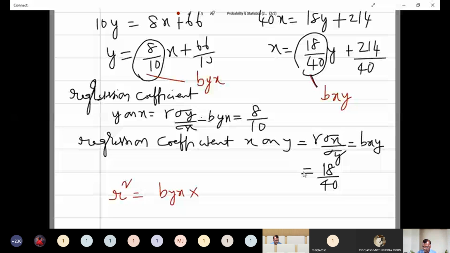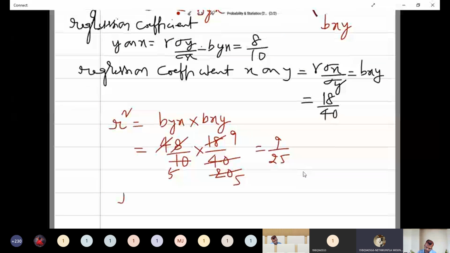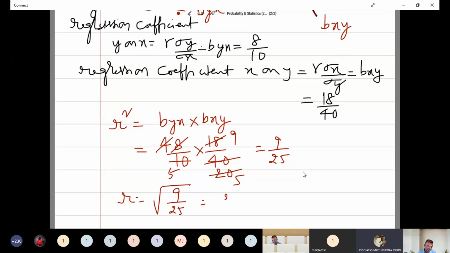Now simplify this one. 2 4s, 2 5s, 0.6. 2 9s, 2 20s, 4 5s are 20, 9 by 25. Therefore, r square is 0.36. 9 by 25 is equal to 3 by 5.